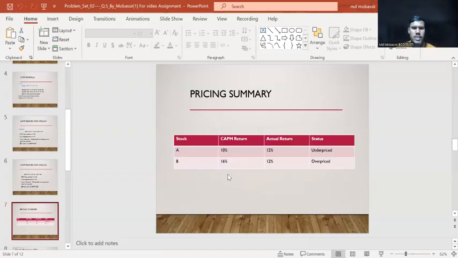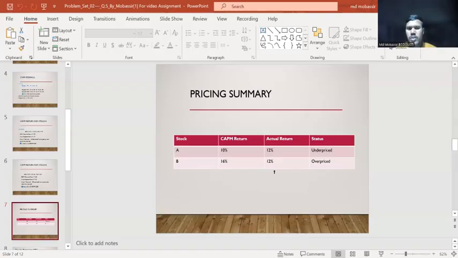Okay, here you can see that for stock A, CAPM return is 10%, sorry, which is the required return, the CAPM required return, and this is the actual return, which is the expected market return in the question. And if the actual return is greater than the CAPM return, the stock is underpriced. And for that reason, stock A is underpriced.